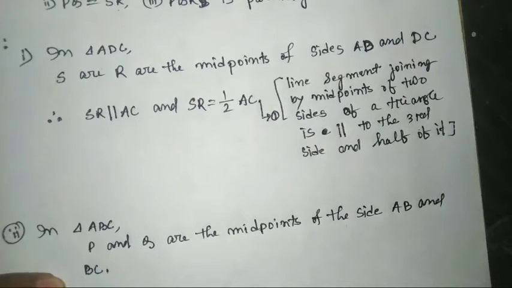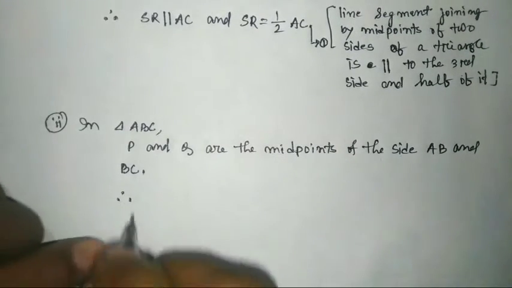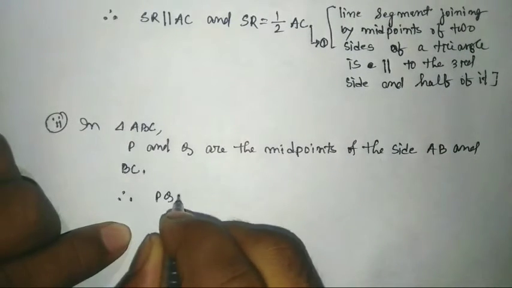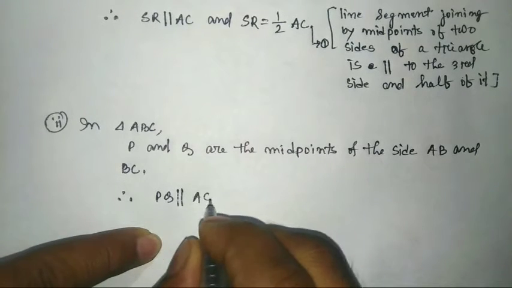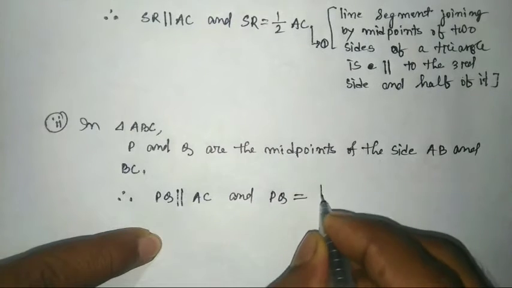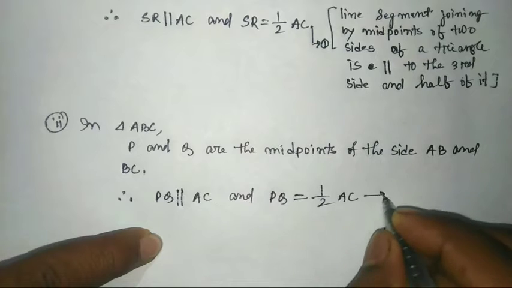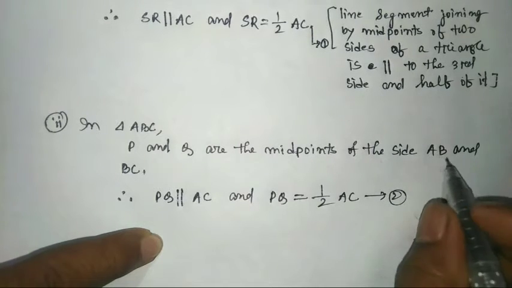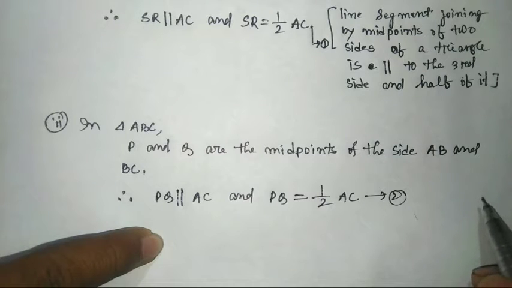Therefore what can we write? We can write PQ is parallel to AC and PQ is equal to half of AC, no? So you will write the same thing here: the line segment joining the midpoints of two sides of a triangle is parallel to the third side and half of it.